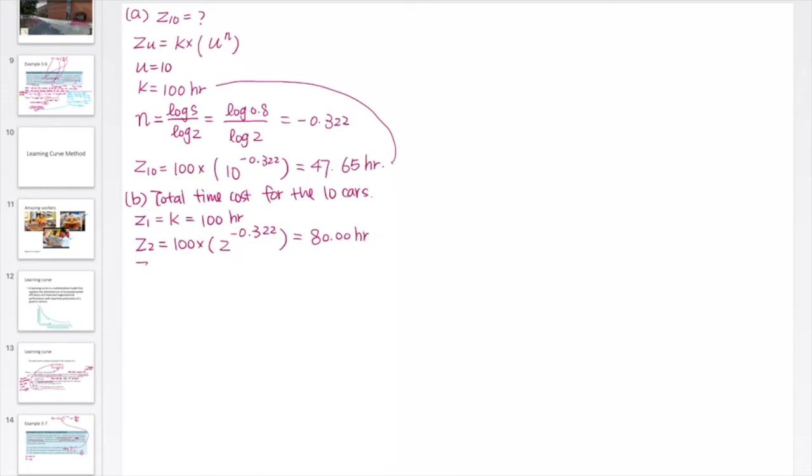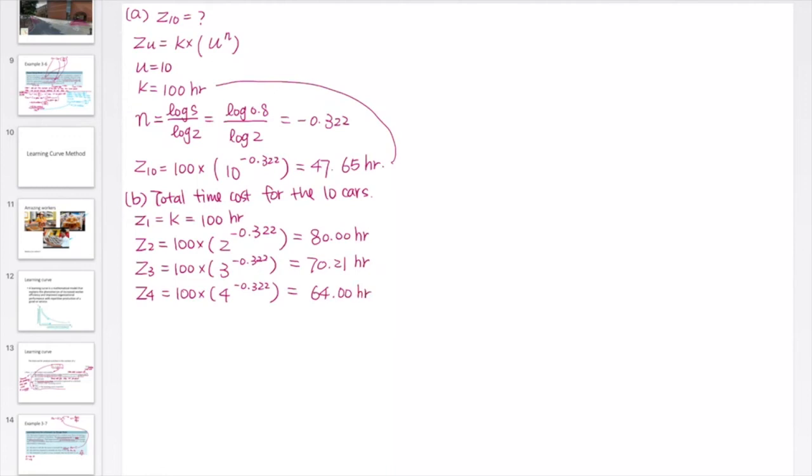And that is 80 hours. For Z3, you use the same equation, but now u is 3 to the power of n. The result is 70.21 hours. And Z4 is 100 times 4 to the power of n. It's 64 hours.